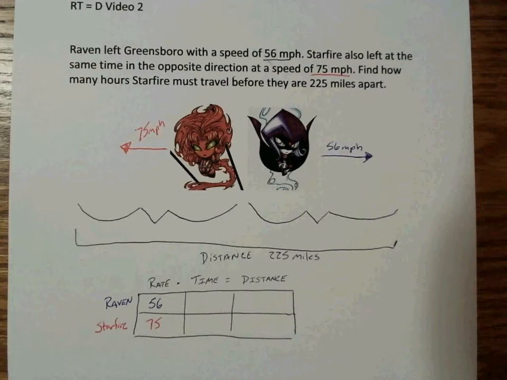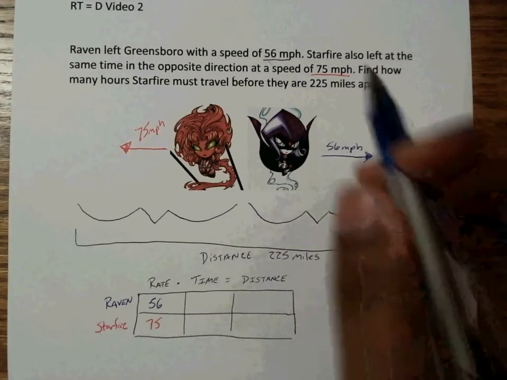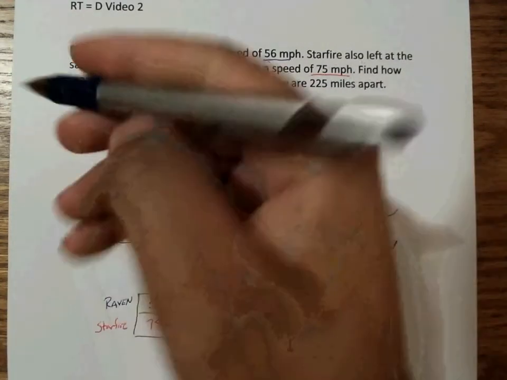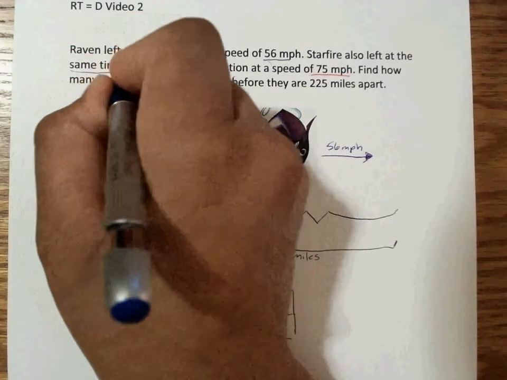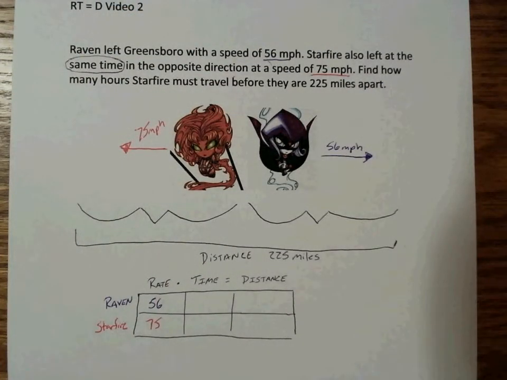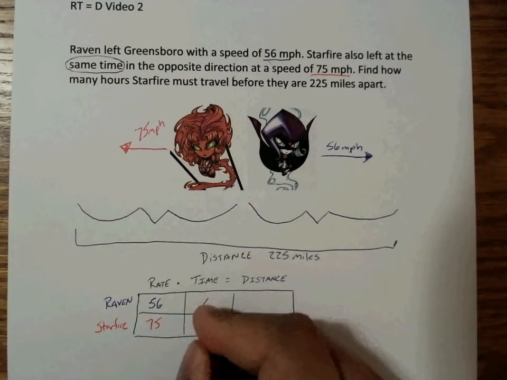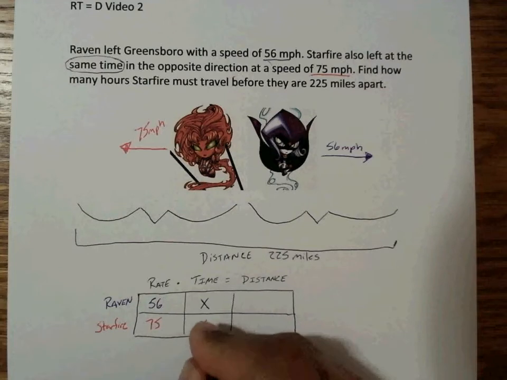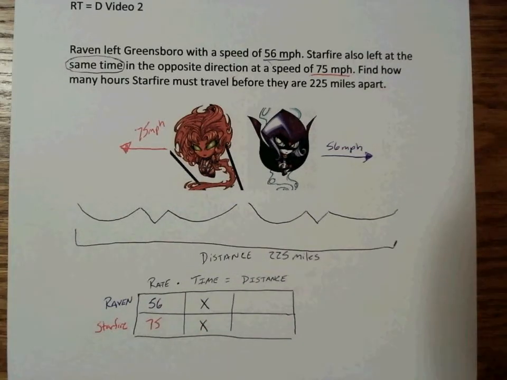Now our time, we know that they both left at the same time, so it's going to be the same for both of them. I'm going to put X, because we don't know what that is yet. So I'm going to put X for both. We have X for Raven and we have X for Starfire.